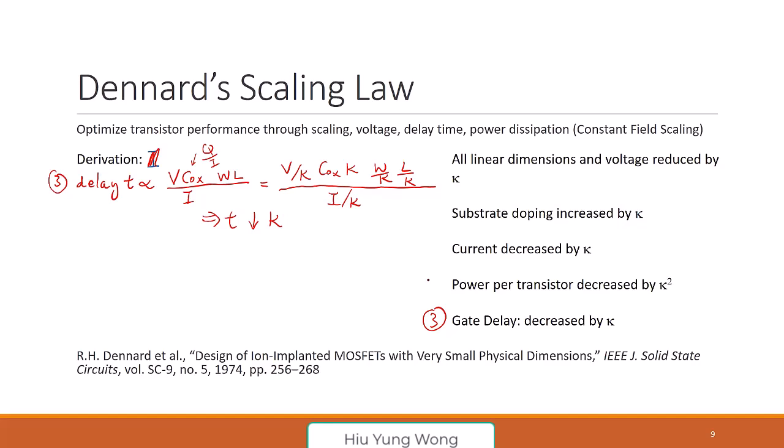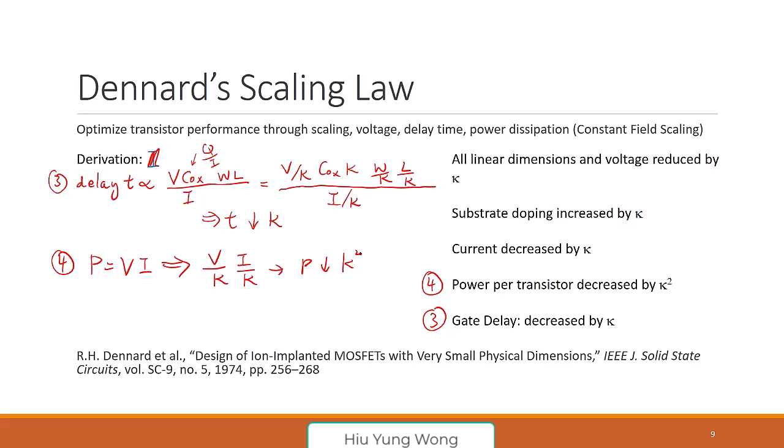Now let's talk about the power consumption per transistor. What is the equation for power? Voltage times current, right? So we say that the voltage is reduced by kappa, current is also reduced by kappa, so the power is reduced by kappa squared.